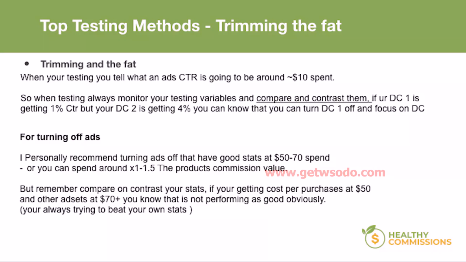So basically, if you're running an ad, you're getting 5% CTR, but you've spent $70, $80 or even $150, you're not making any sales, and I'd recommend just turning that off, right?